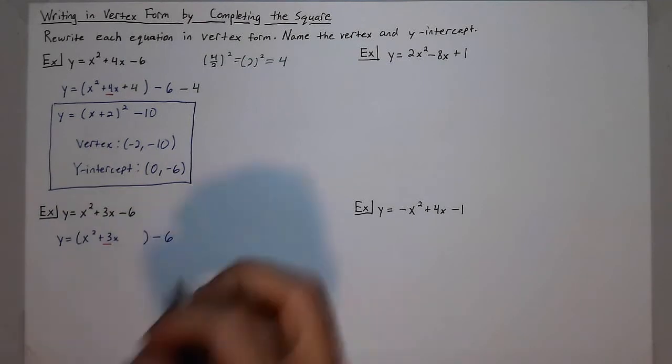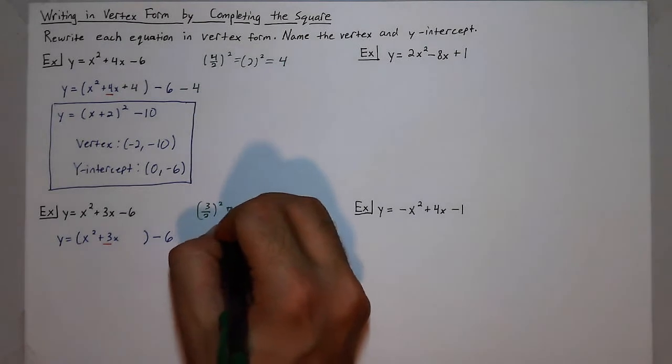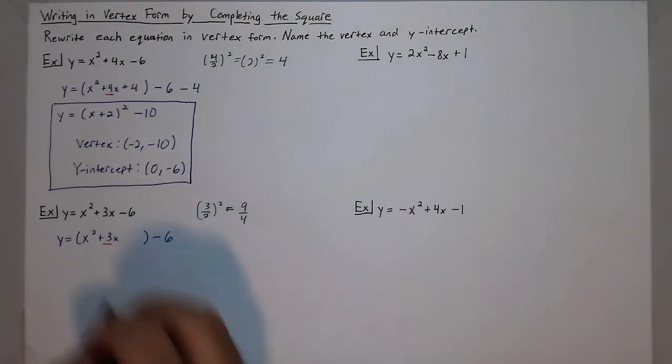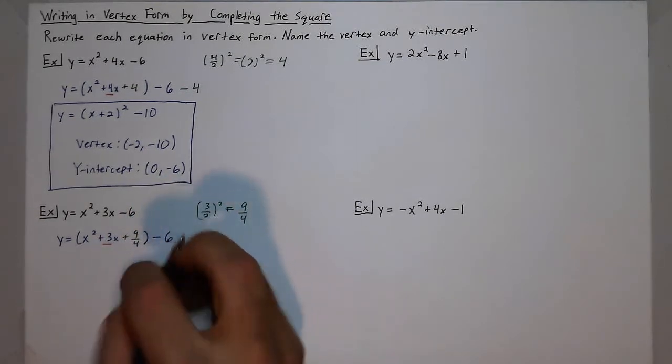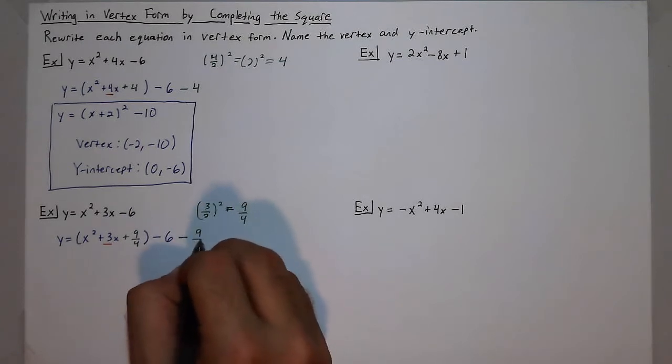So I have 3 over 2 squared, which is equal to 9/4. So I'll add 9/4 on the inside, but then I won't add 9/4 on the outside. I'll actually subtract 9/4 on the outside.